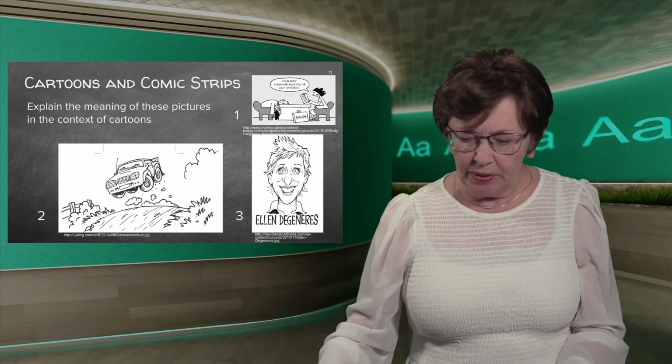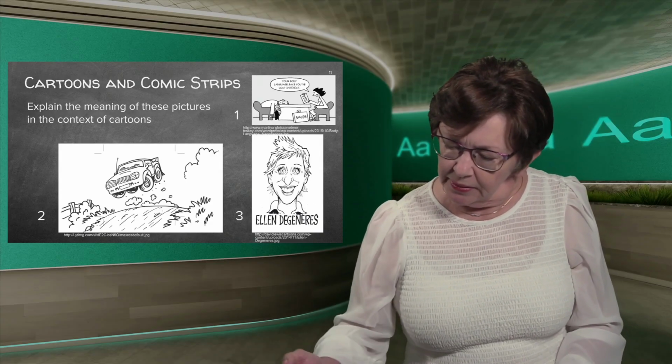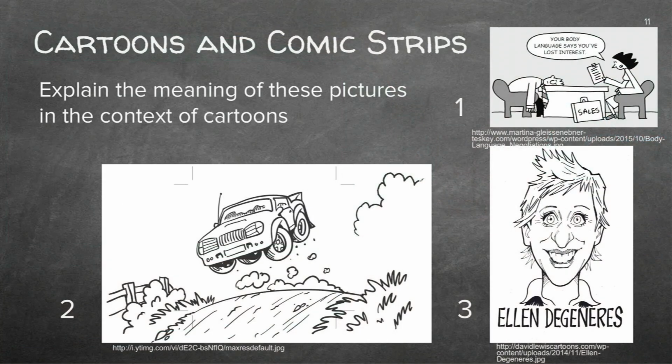So just a quick recap, in terms of the meaning of the pictures in the context of cartoons, obviously this is caricature. Shame, not a very nice depiction of her, but that's what caricature is all about. Here is body language. What is here? It's suggesting movement or speed, isn't it?